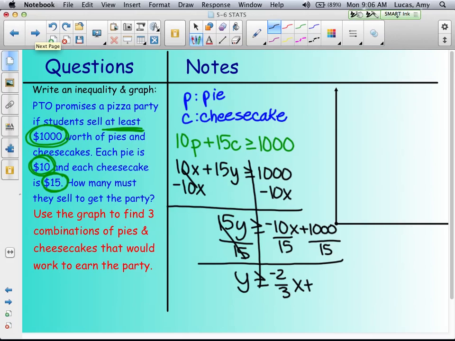I'll go to my calculator to divide this one, 1,000 divided by 15 is 66 and 2/3. 66 and 2/3. I'll double check that.